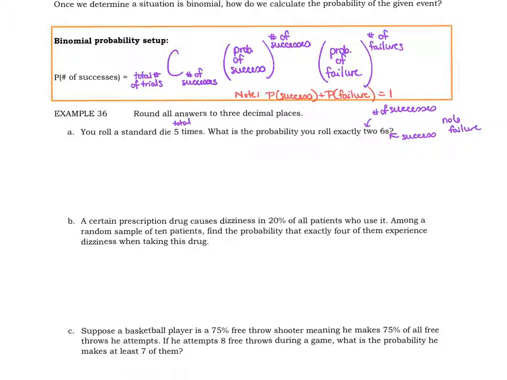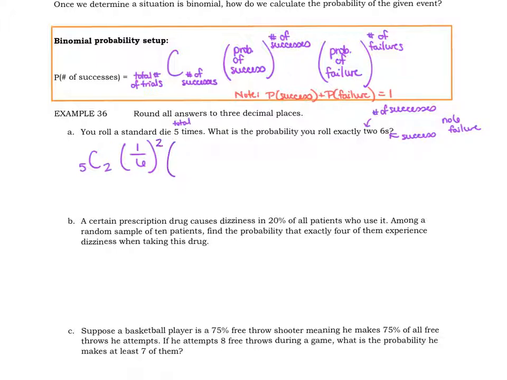So let's take our scenario up here. We need the total number of trials, 5. Choose how many successes we're going to have, or in other words, how many 6s are we looking to roll? 2 of them, times the probability of rolling a 6. The probability of rolling a 6 is 1 out of 6, and the exponent is how many 6s we want to roll, 2 of them.